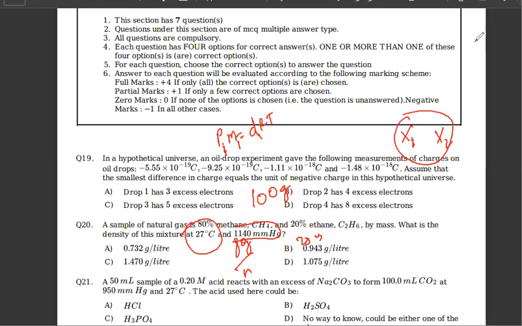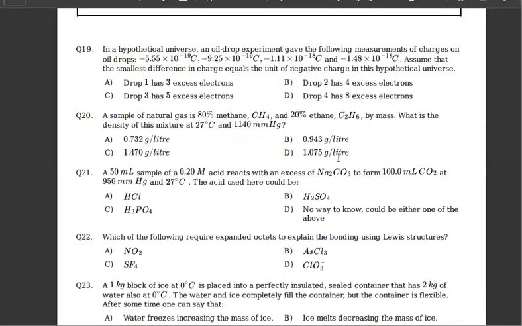Next, 21. A 15 milliliter sample of 0.2 molar acid reacts with Na2CO3. See this. Now, the acid you don't know, but we know that any acid might be monoacidic, diacidic, triacidic. So suppose it is H2A, and it is reacting with Na2CO3.